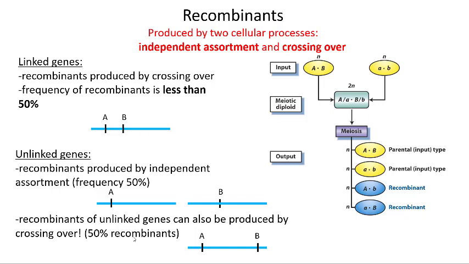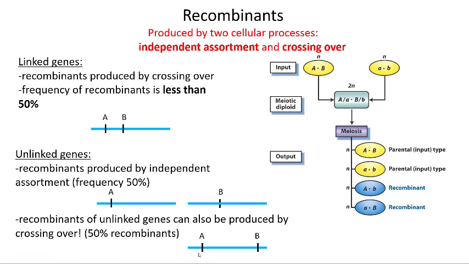There is another way that you can get recombinants produced with unlinked genes, and that is a case in which the two genes that are being investigated are on the same chromosome but are very far apart. When you have this kind of situation where two genes are so far apart, the chance of getting crossing over or even multiple crossing over events between those two becomes more and more likely.